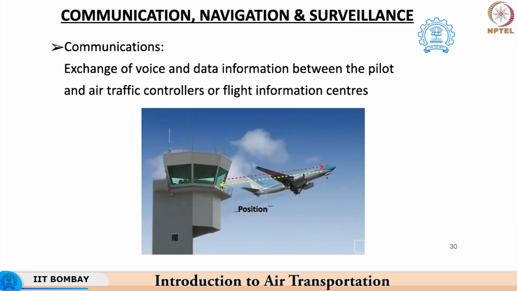As I mentioned to you, there has to be free communication between the aircraft and the ATC controller as well as the flight information center. This information should be able to transmit efficiently many parameters associated with the aircraft that include the position, status, clearance and the instructions that go to and fro between the ATC and the aircraft.